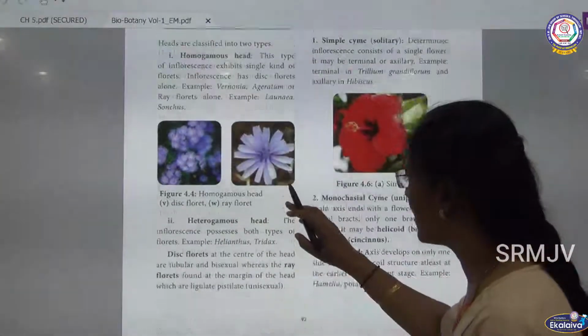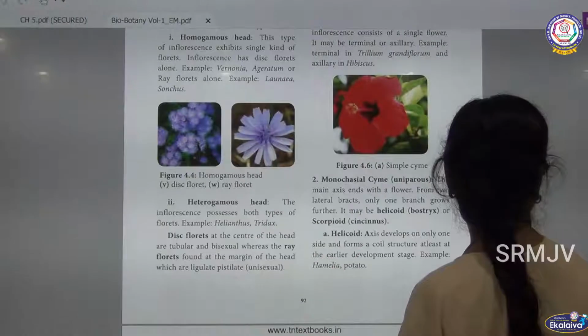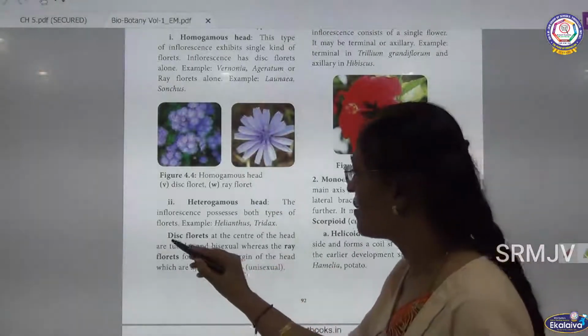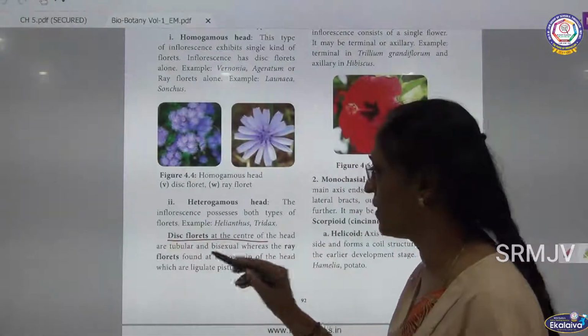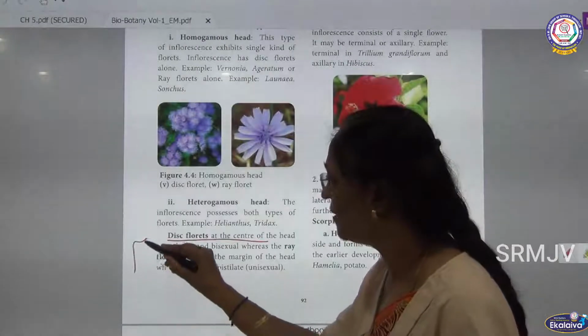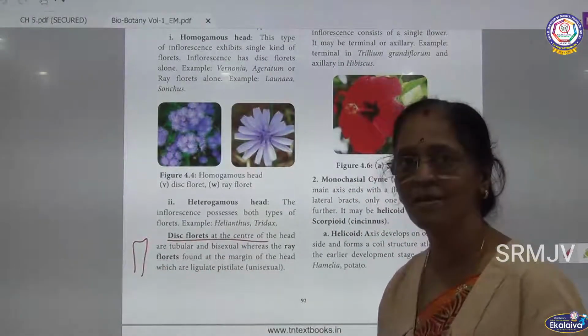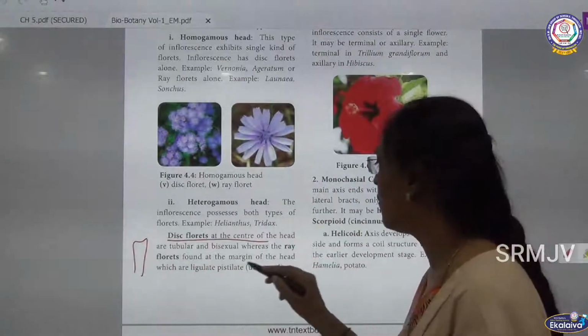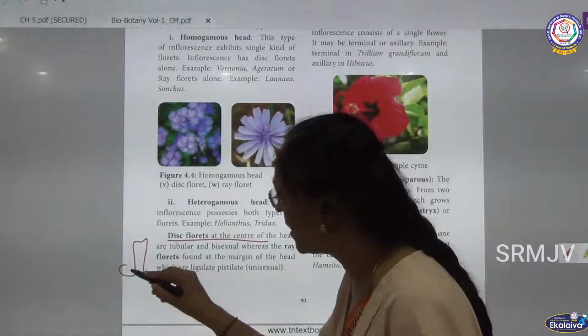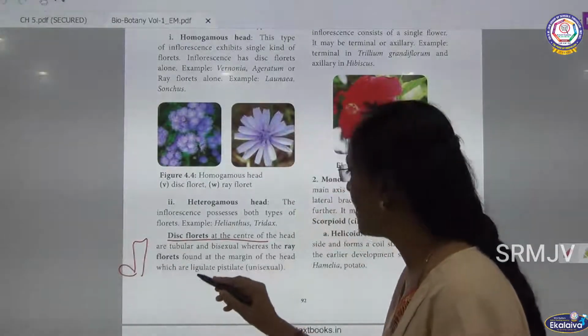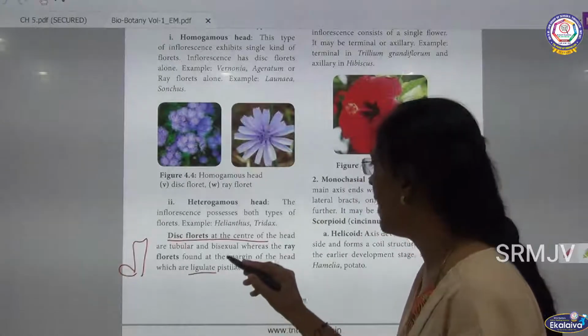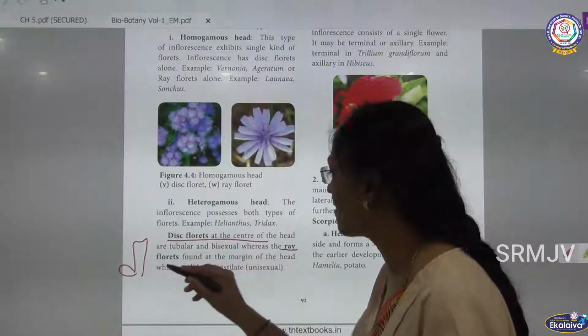In a heterogamous head, you will find the disc florets, the florets at the center of the head, which are tubular. The florets at the margin of the head are ligulate, and these are called ray florets.